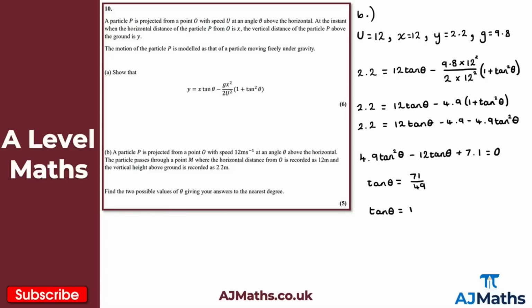Now what we're actually looking for is the possible values of theta, so I need to take tan inverse of both sides. Theta is equal to tan inverse of 71 over 49. If I quickly do that on my calculator, and round to the nearest degree, I get 55 degrees.